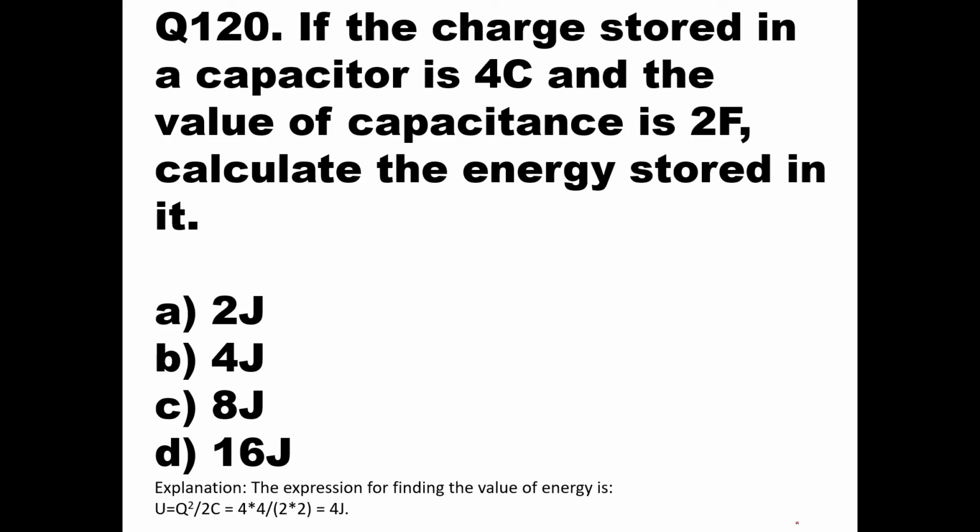Question number 120. If the charge stored in a capacitor is 4 coulomb and the value of capacitance is 2 farad, calculate its energy stored. So the charge stored in a capacitor is 4 coulomb, and the value of capacitance is 2 farad.